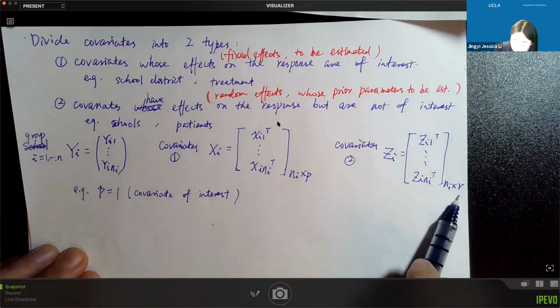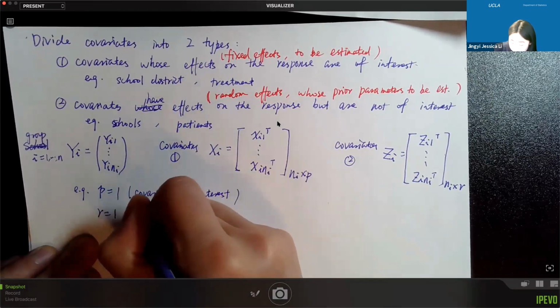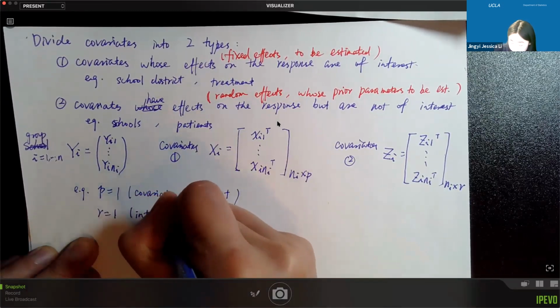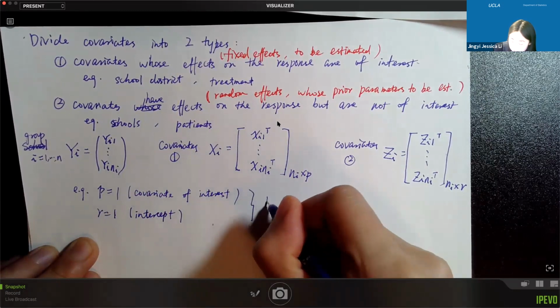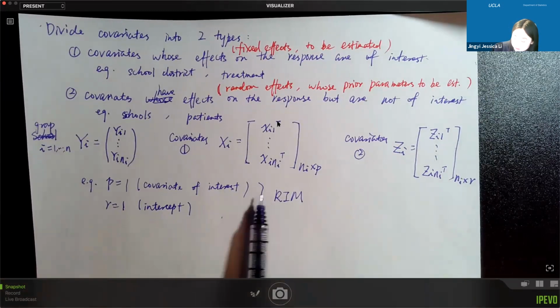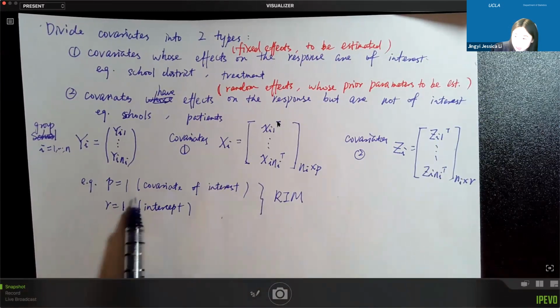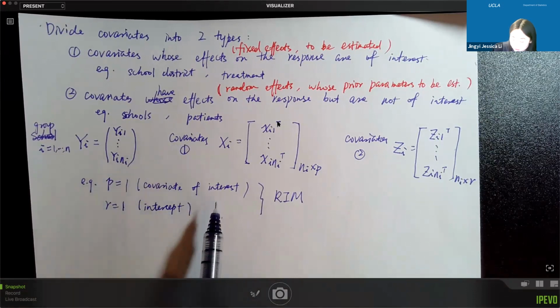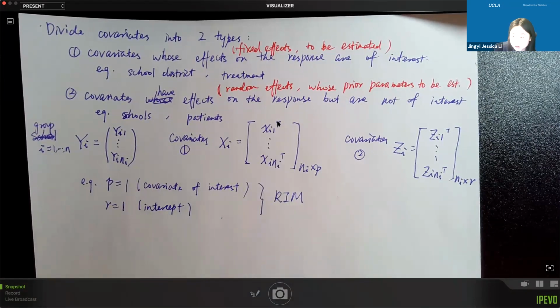Here p is 1. And R is equal to 1, it's just the intercept. This is what we have under the random intercept model. We put the intercept as a random effect, and we put the school district or the treatment as the covariate of our interest. So p is 1, R is 1. I hope this connects better.